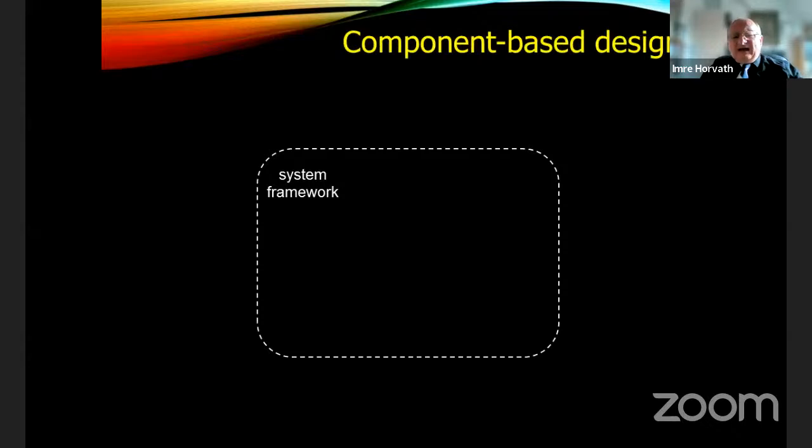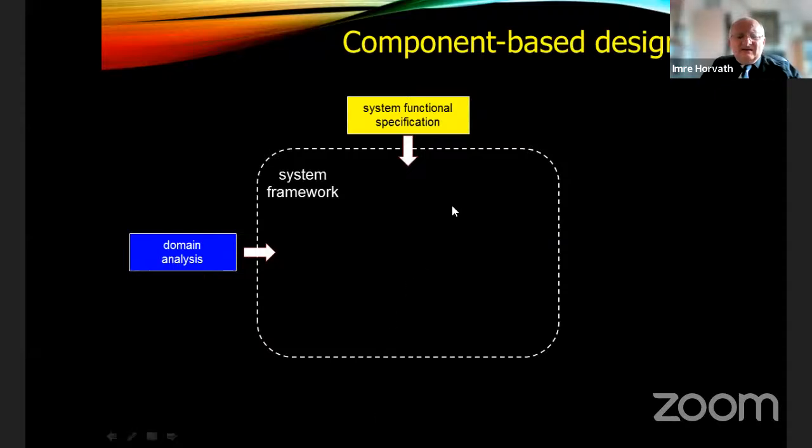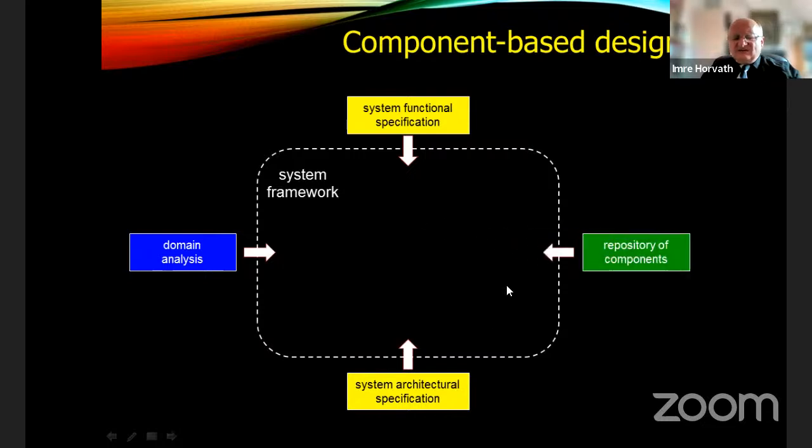Component-based design has a particular logical framework in which various activities are happening. For instance, first of all, domain analysis, then system functional specification, as my earlier circular process model indicated, the system architecture specification, and the repository of the components are activated.